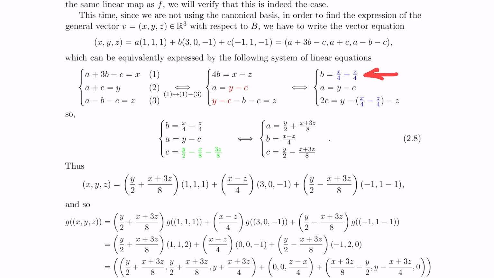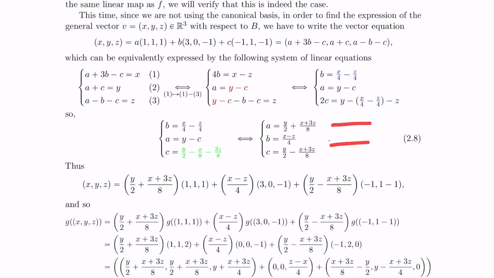Then we isolate b by dividing both members of the equation by 4, and we introduce the expression that we find here in the third equation. By performing the easy algebraic computations that are written, we arrive at this expression of the components of the generic vector v written as (x, y, z) with respect to the basis B.